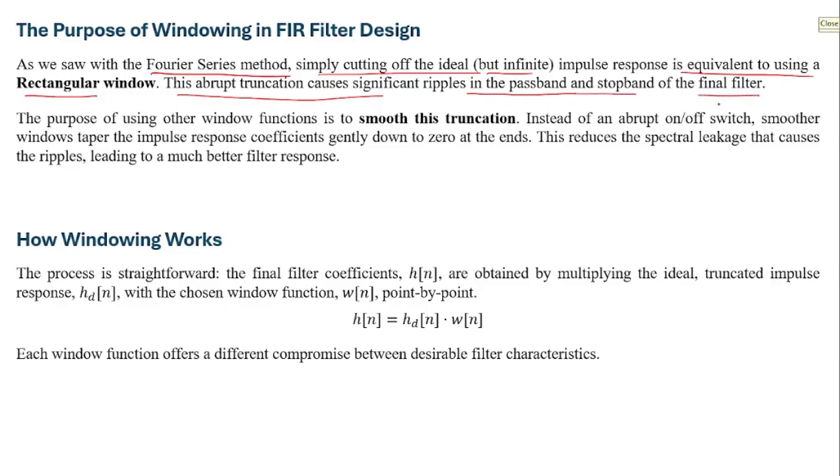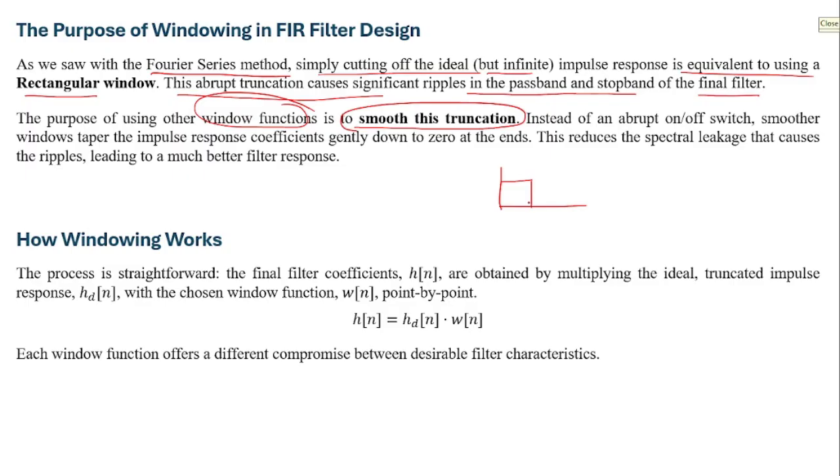We have already discussed that. Now when we use specialized windows, regarded as window functions, it helps in smoothing this truncation. Instead of an abrupt cutoff, we get smoother windows that taper the impulse response coefficients.